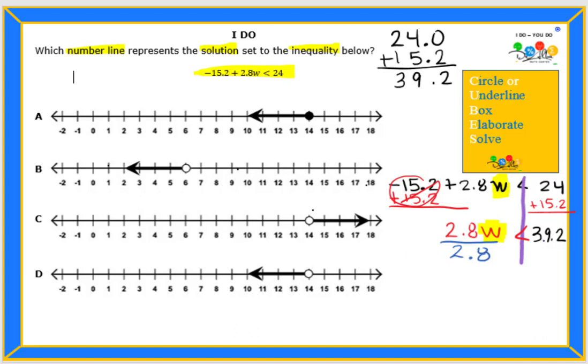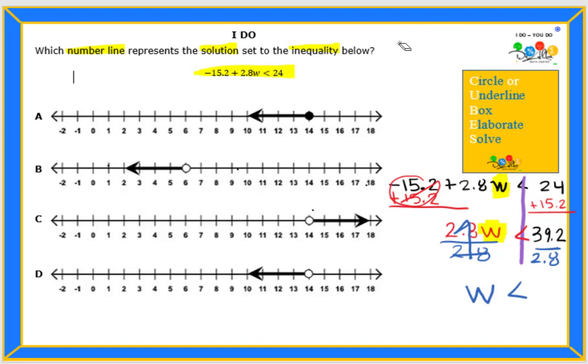So whatever I do to one side, I'm going to do to the other side. So 2.8 divided by 2.8, even if it's a decimal, any number divided by itself will always give us 1 whole. So we have 1w, and that is perfect because remember what we were trying to do is isolate that variable all by itself.